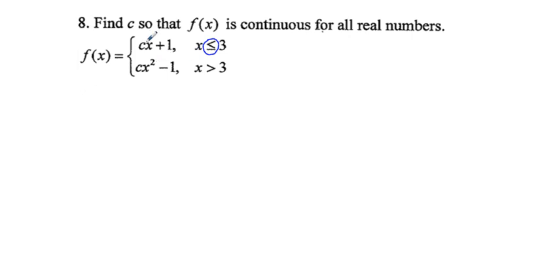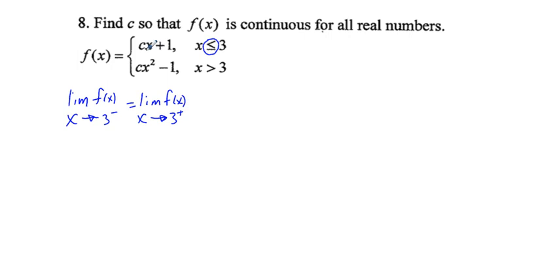The thing we need to find is the limit, the left-hand and right-hand limits, to equal each other. So we say limit as x approaches 3 from the left side of f of x equals limit as x approaches 3 from the right side of f of x.